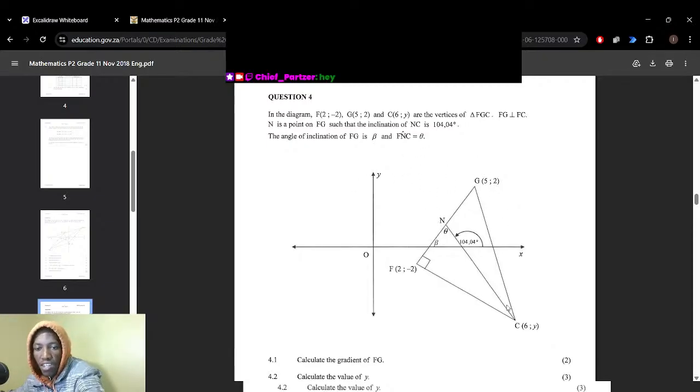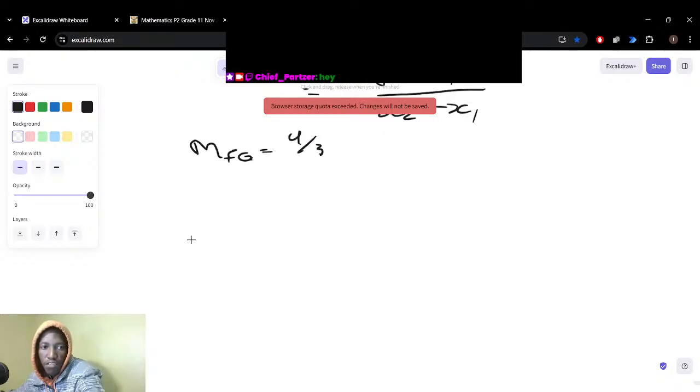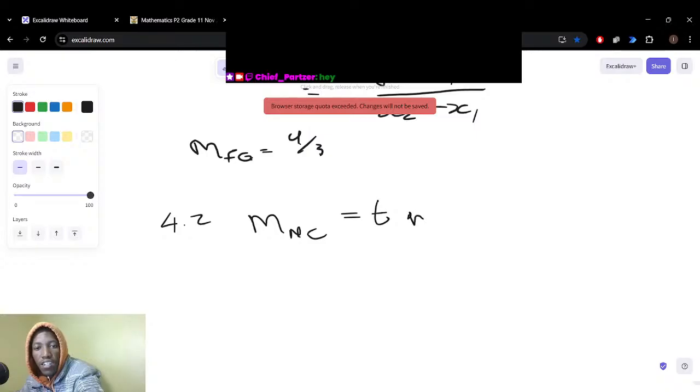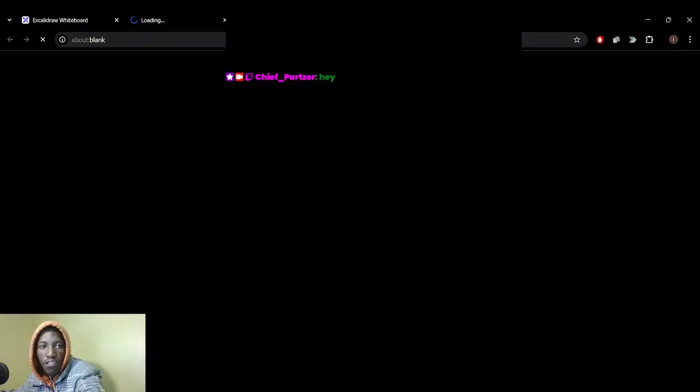So the gradient of NC is tan 104.04. Let's actually write this down. This is question 4.2. So let's write all our data. Gradient of NC is equal to tan of 104. Okay, wait, no, what am I doing?